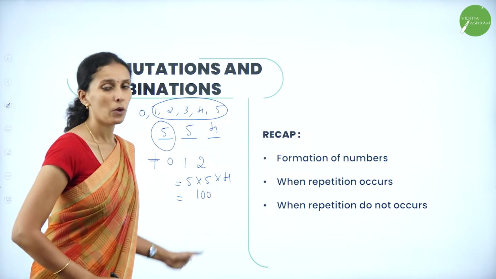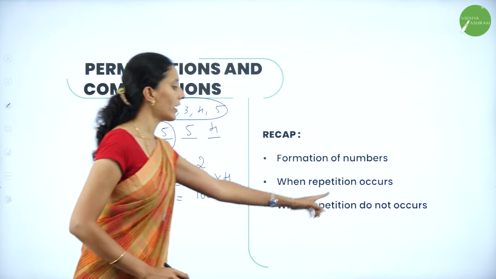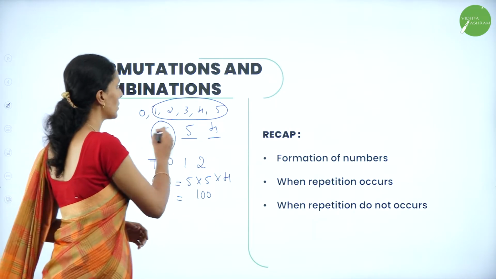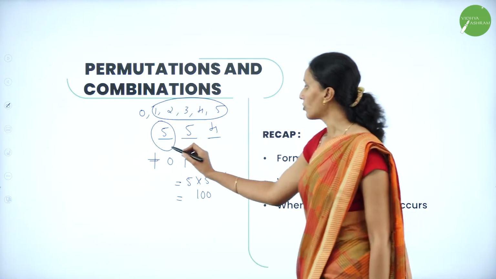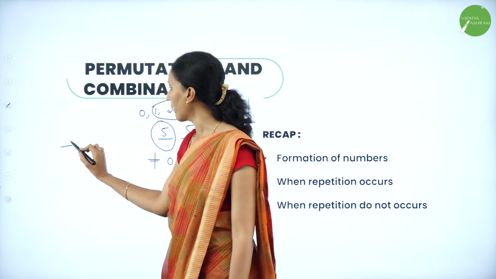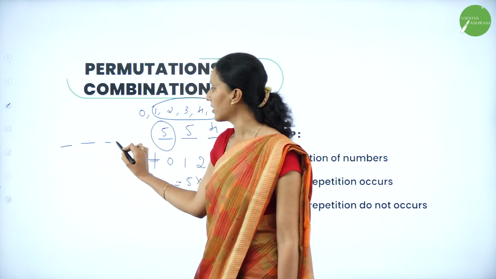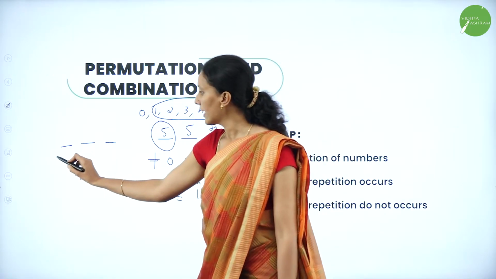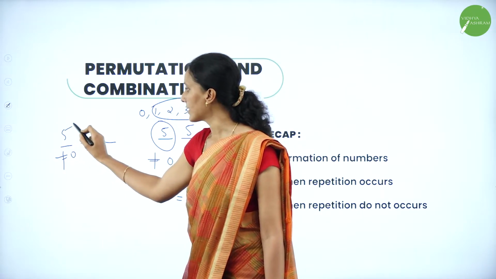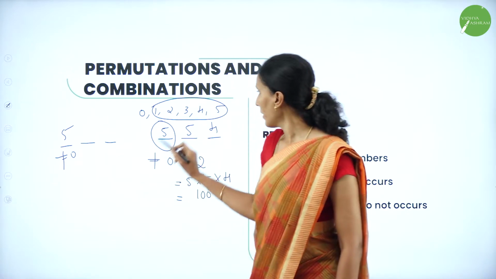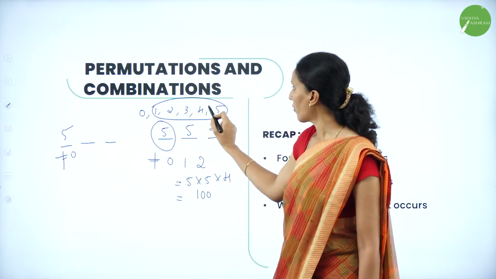The same question, if we do it with repetition, what happens? The same question with 3-digit numbers. I have hundreds place, tens place and units place. Obviously 0 cannot be filled here. So I have 5 choices left. How many numbers do we have? 1, 2, 3, 4, 5, 6.